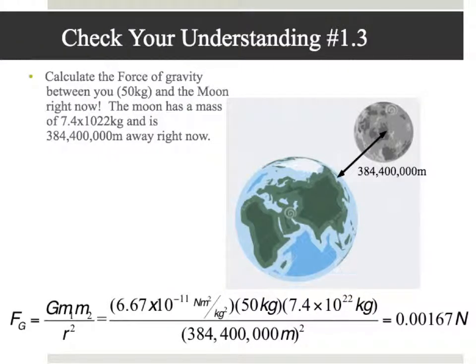All right, now we want to do between the Moon and you. So between you standing here on the Earth, so here's me, and the Moon over there, which is 384,400,000 meters away, let's calculate the force of gravity between me and the Moon, because the Moon is pulling on me. So I've got big G m1 m2 over r squared.